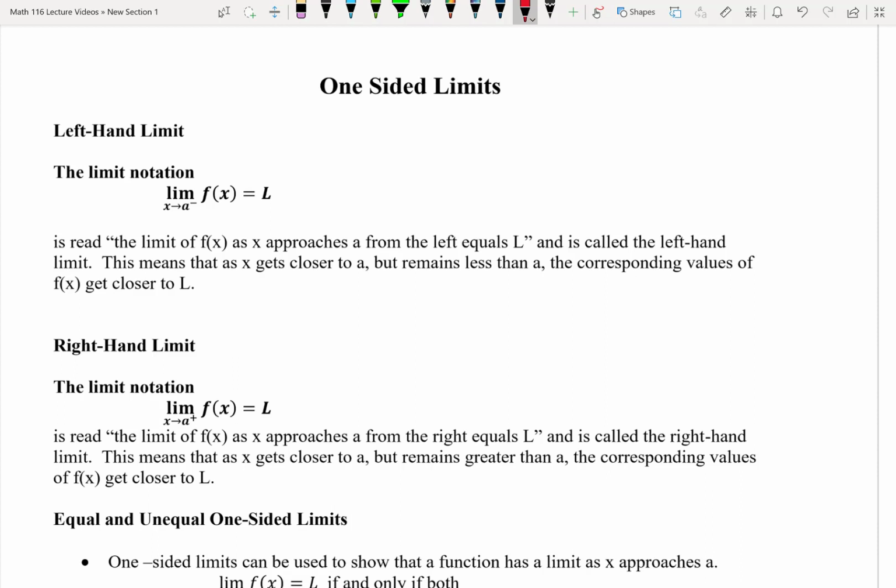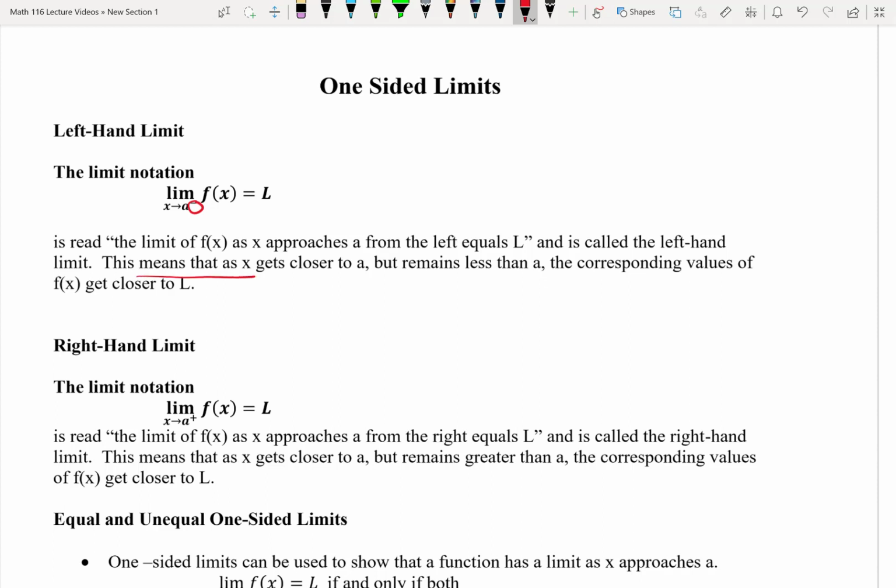And then we have something called a one-sided limit, where we look at either the left or the right alone. And the notation that we use involves a superscript. So if you see x approaches a and there's a superscript of a negative, then that negative indicates that we are looking at the left, and we call it the left-hand limit.